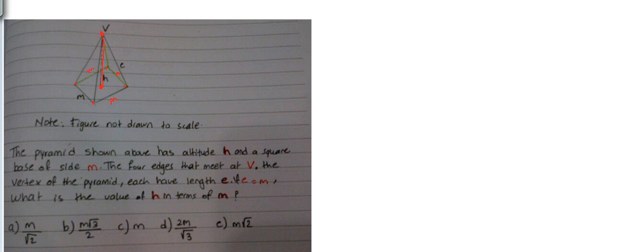All right, that's nice. What we have to do here is find the value of H. How much is H with respect to M if E equals M? The edge is also equal to M. That's really simple. We can start from the fact that the height of a pyramid is perpendicular to the base, right?